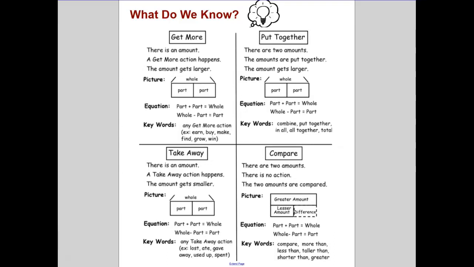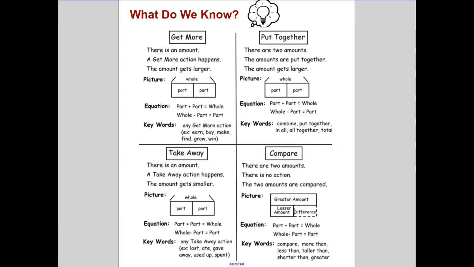Next is takeaway. For takeaway, the amount you start with is the total, and then some of that amount gets taken away. A takeaway action happens, and the amount gets smaller. So we know takeaway actions tell us it's a takeaway problem, like lost, ate, gave away, used up, and spent. Last is compare, which is just where there's two amounts, a greater and a lesser amount.